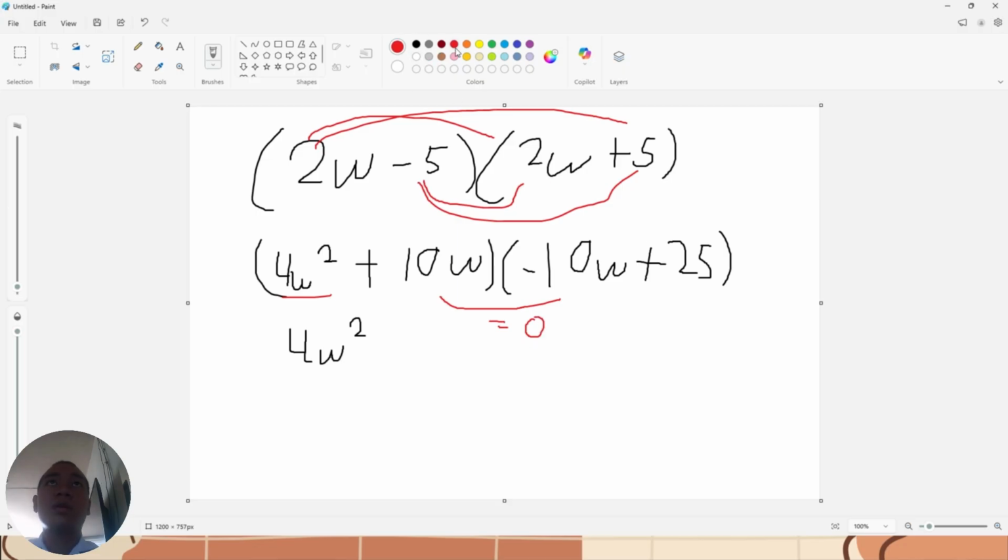Now, because of that gap, add this plus, rather minus 25. So our final answer is 4w squared minus 25. That's all for the operations.